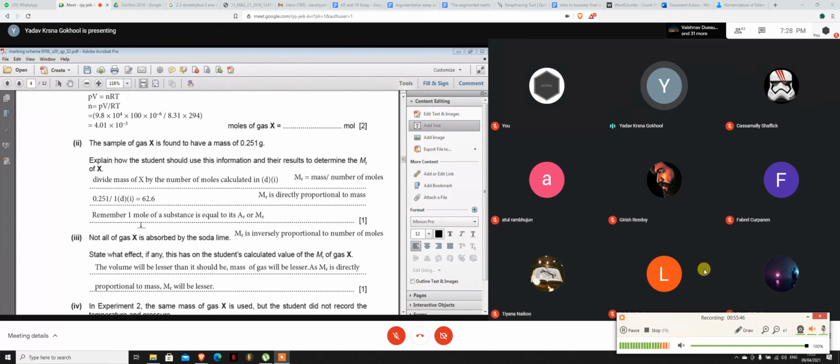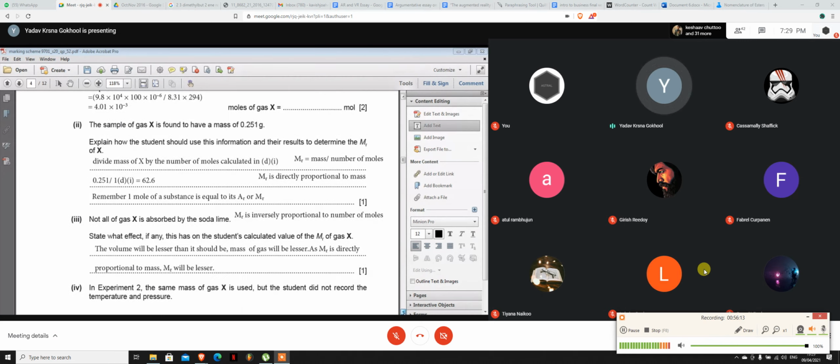Like I said over here, remember 1 mole of a substance is equal to its Ar or Mr. Or another student could have said 4.01 times 10 to the power of minus 3 moles of X is equal to 0.25 g, and then 1 mole of X is equal to 0.25 divided by 4.01 times 10 to the power of minus 3. Or you can use the formula for MR.